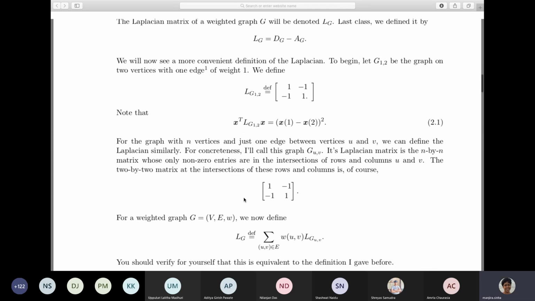So basically, for the Laplacian of a weighted graph, if the Laplacian for the unweighted graph is LG, then for the weighted graph it will be the summation of the weights between u and v for each Laplacian entry. Okay.